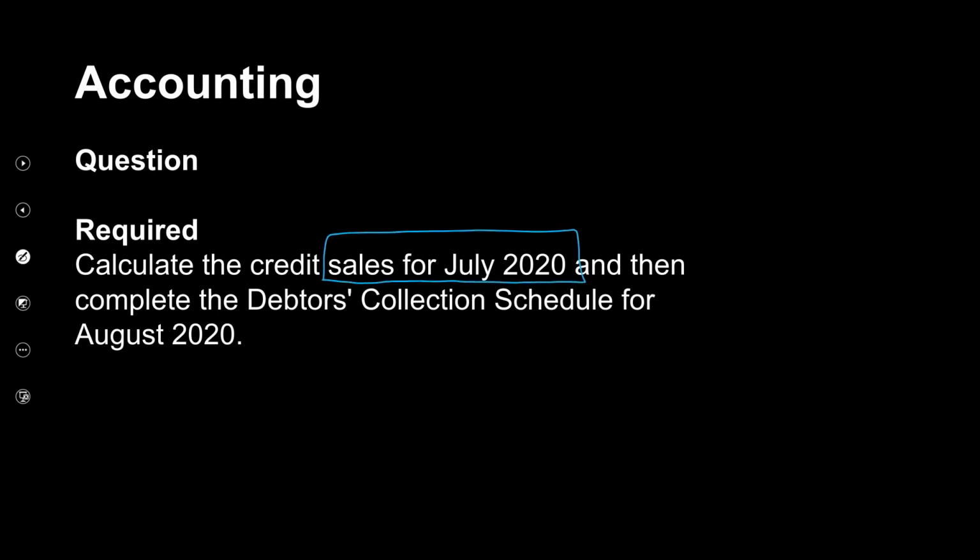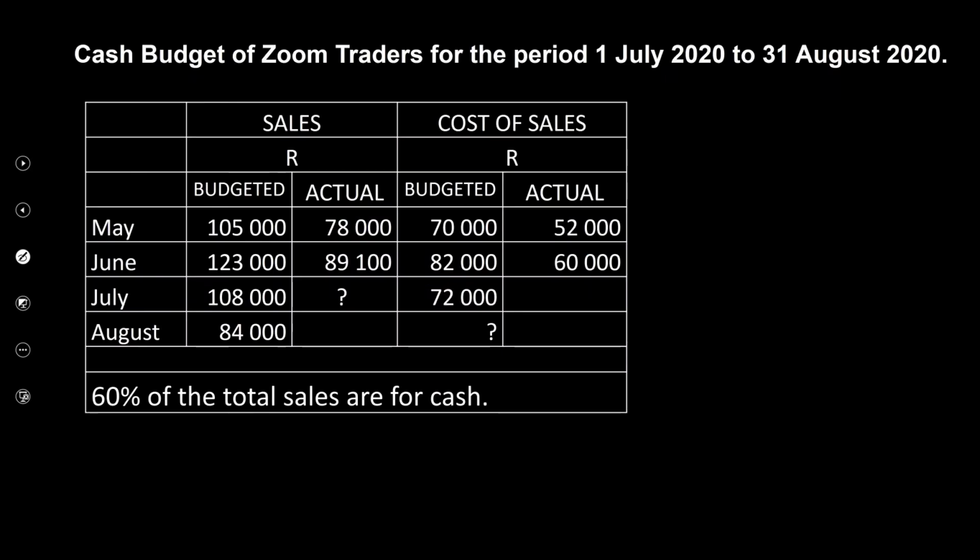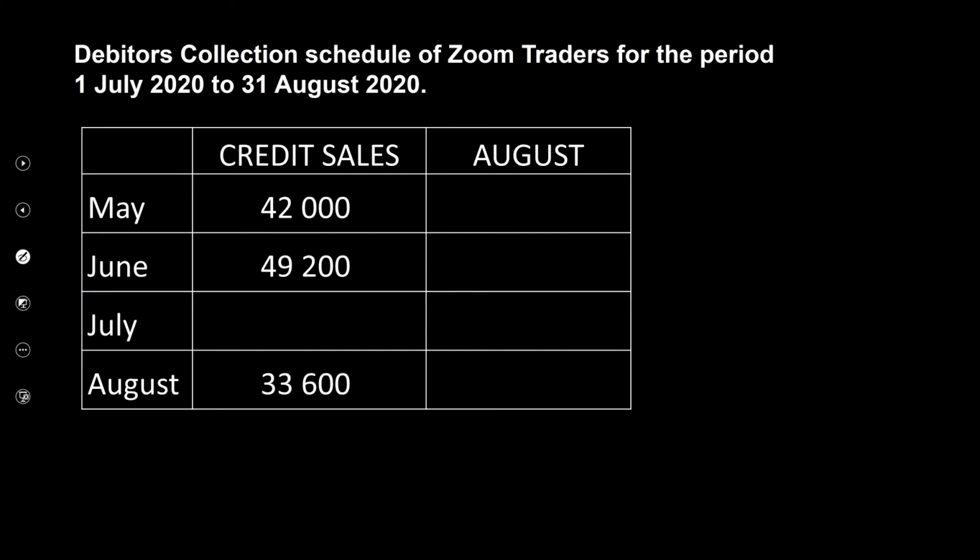Now we go on and it says here, required, calculate the credit sales for July 2021 and then complete the debtors collection schedule for August 2020. Let's look at the information that we have here. This is your sales figure, but it is your total sales figure. Can you see that? And if you look at the answer book that you have been provided with, you will notice here that they've given you the credit sales.